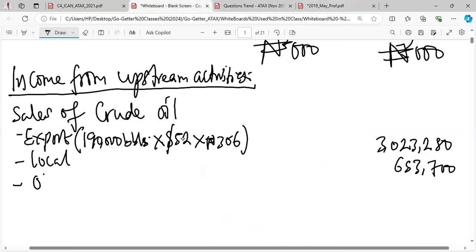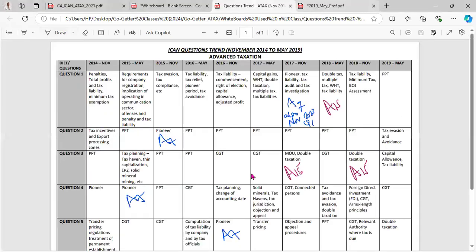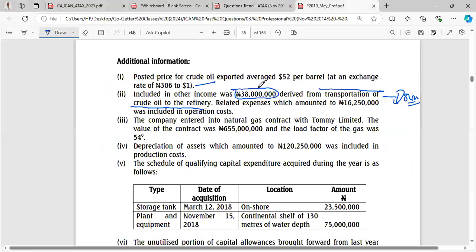Somebody is asking a question, other income. Let me see the question. Somebody is saying, really? Okay, let me set this so that everybody will see what everybody is asking. Okay, so this transportation is a downstream activity.